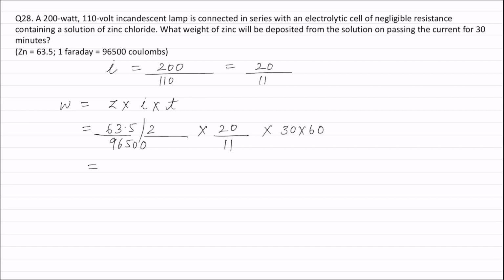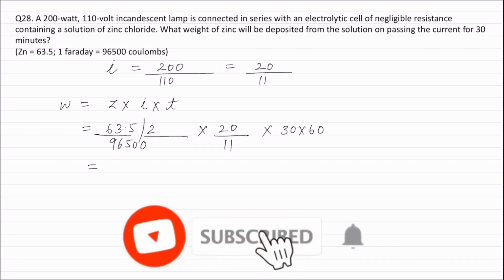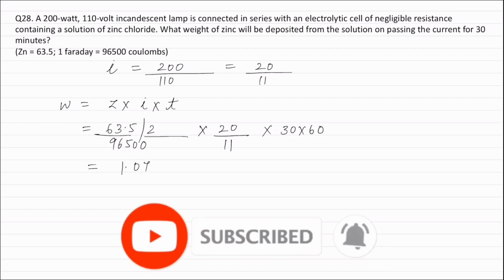Solving this, the weight of zinc deposited is equal to 1.0768 gram.